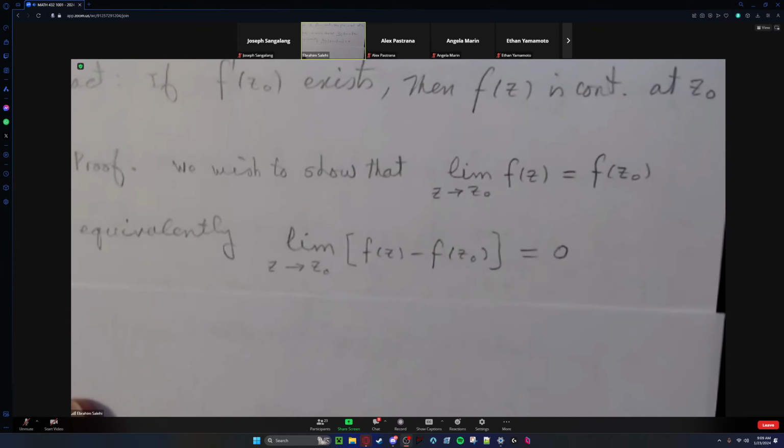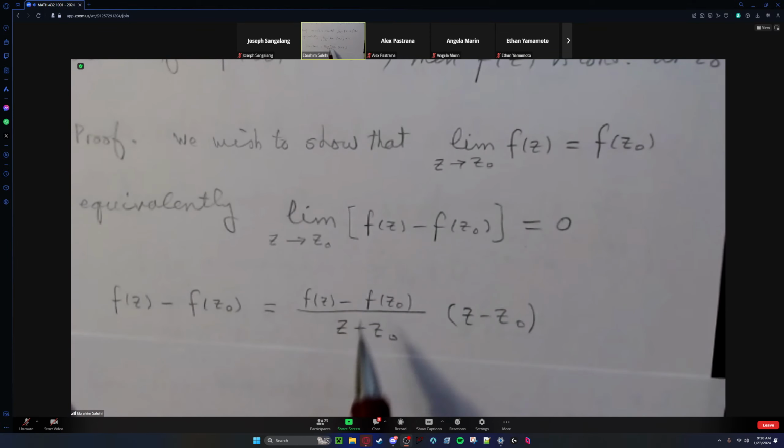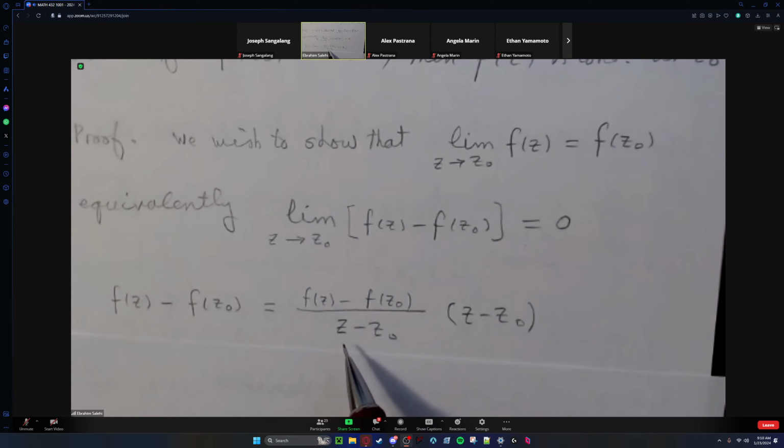Okay? But I'm going to divide this by this and multiply by the same thing. And now take the limit as z approaches z 0. When you take the limit of this guy, which is the derivative, it exists.